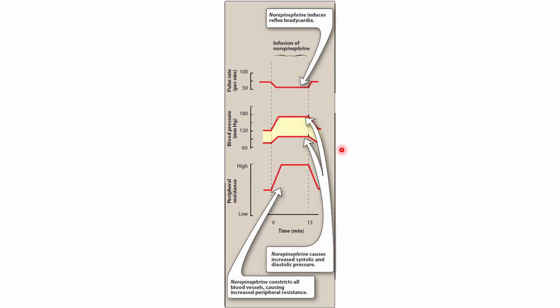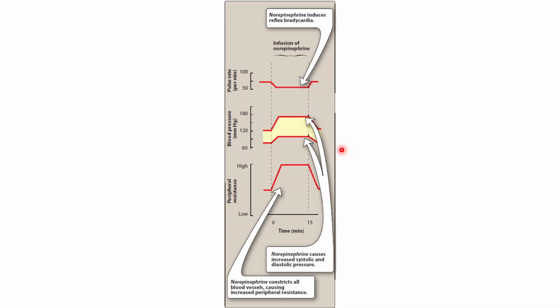The adverse effects are the same as for epinephrine, and additionally, blanching of the skin can be seen at the site of the injected vein. Sometimes it can lead to tissue necrosis because of the contraction of the vessels.